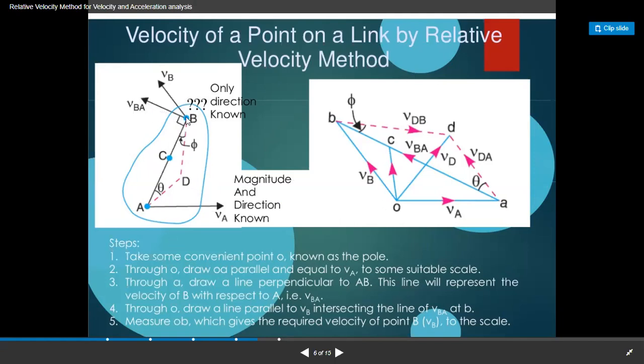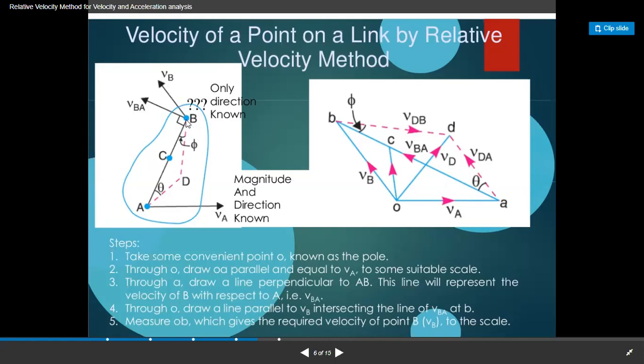So we have to draw a line from point A in the direction of VBA, but we don't know the magnitude, so just expand the line from point A in the direction of velocity of BA.